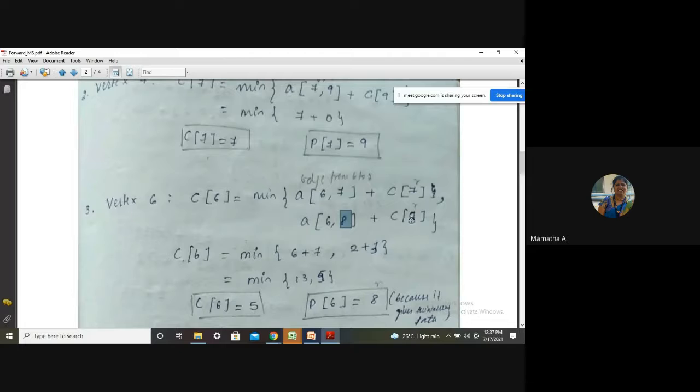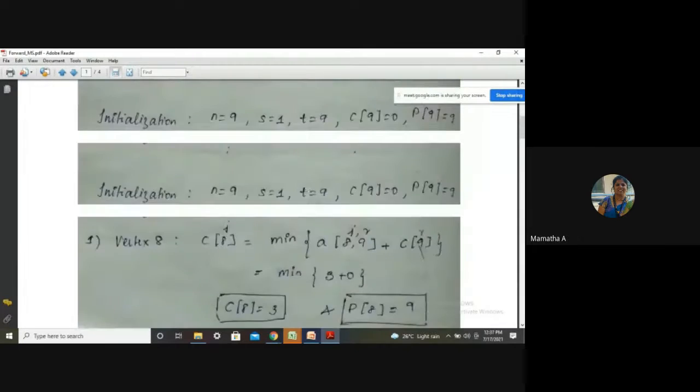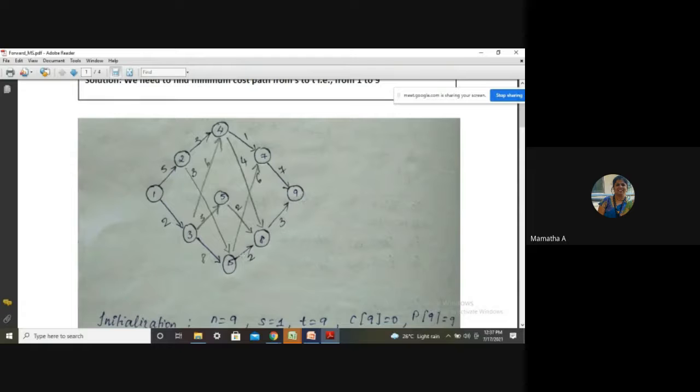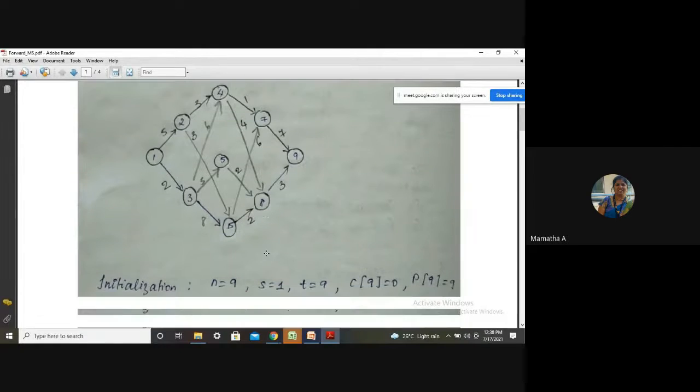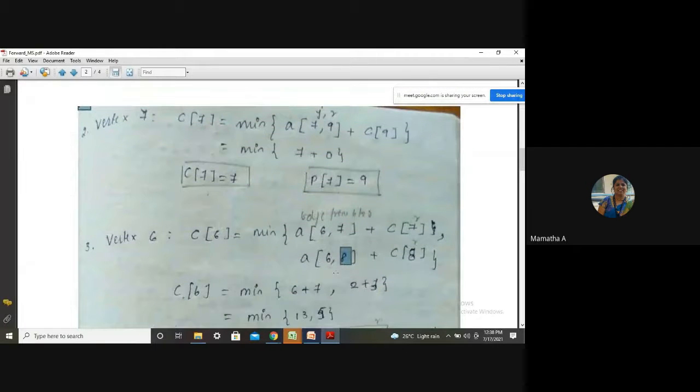Now what is 6 comma 7? You can observe in the graph 6 comma 7 is 6 and 6 comma 8 is 2. Okay. So 6 comma 7 is 6, 6 comma 8 is 2.